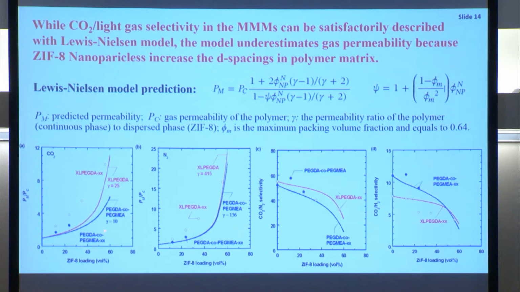You can see the CO2 permeability and the CO2 to light gas selectivity in the membrane can be satisfactorily described with the model, but the model underestimates the gas permeability because the ZIF-8 nanoparticles increase the distributions in the polymer.